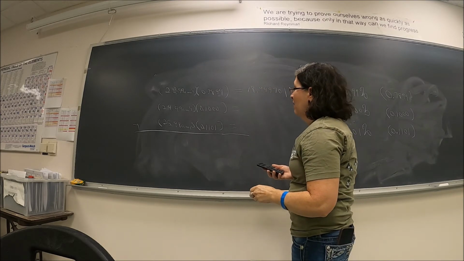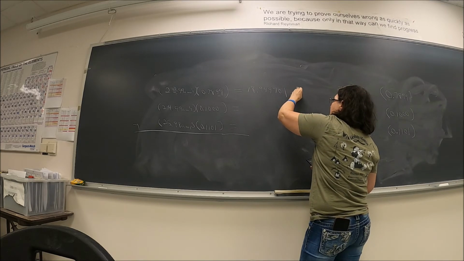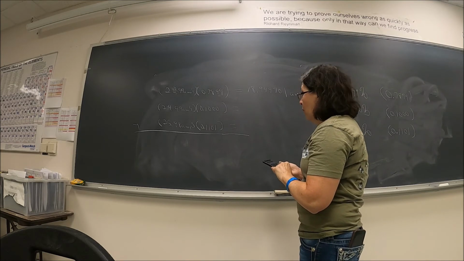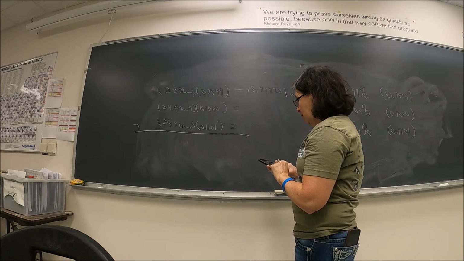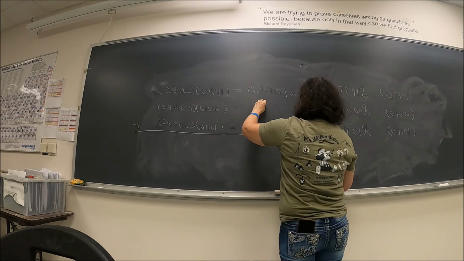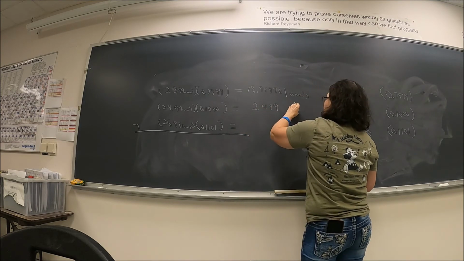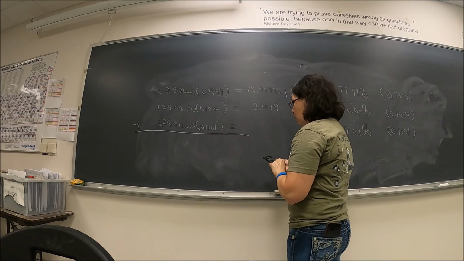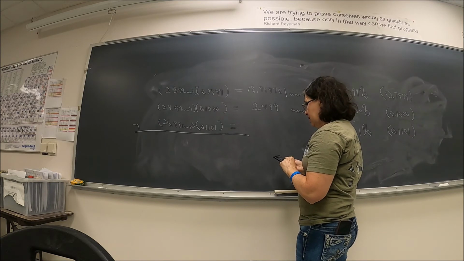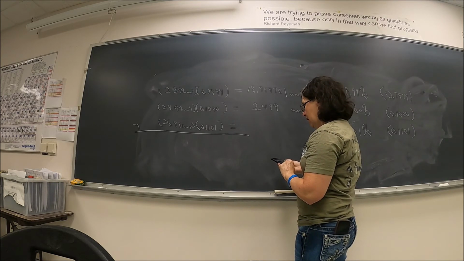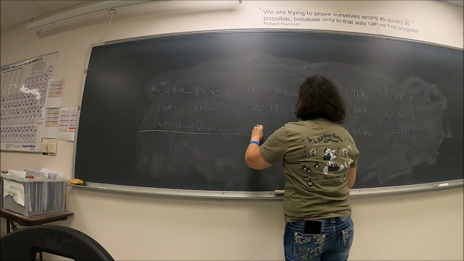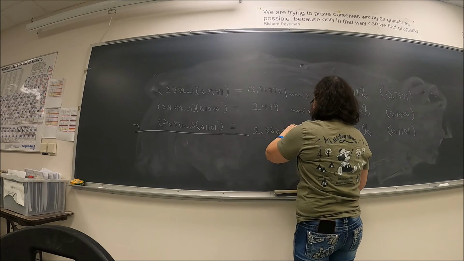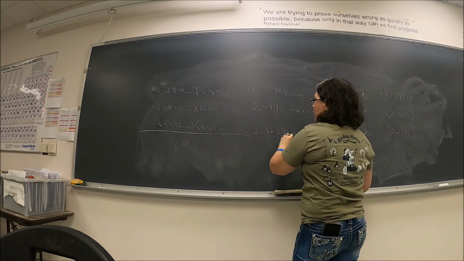I'm going to worry about significant figures at the end. 24.99 times 0.1000 is 2.499 AMUs, and 25.98 times 0.1101 gives me 2.860398 AMUs.